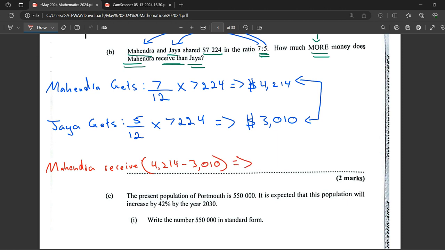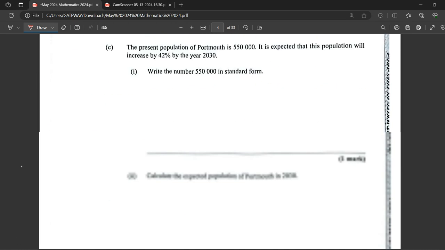So Mahendra receives basically $1,204 more than Jaya. That's basically how much he receives there. So let me go on to part C now.